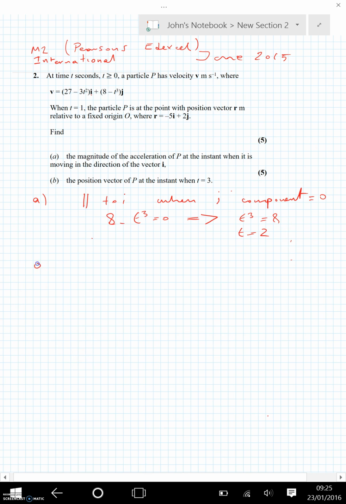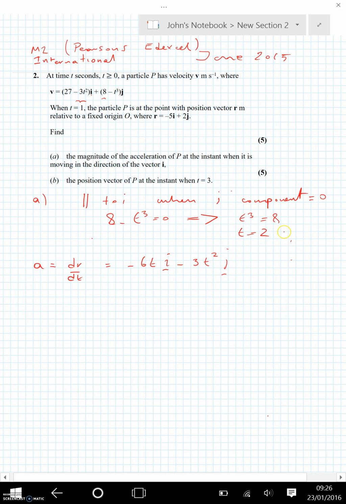Now to find the acceleration, we just need to differentiate the velocity, and we need to differentiate each bit. So the 27 just goes, so that's minus 6t i. 27 disappears when we differentiate, and similarly the 8 disappears here, but we're left with minus 3t squared times j.